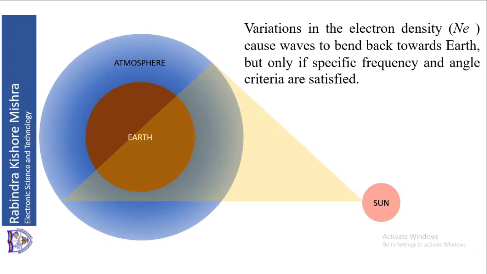This variation of electron density causes radio waves going from the Earth towards the ionosphere to bend back and come back to the Earth under certain conditions.